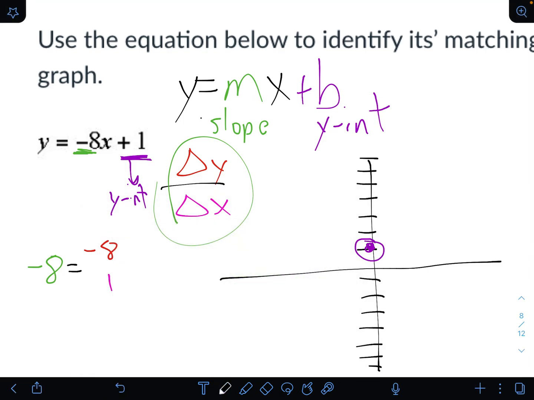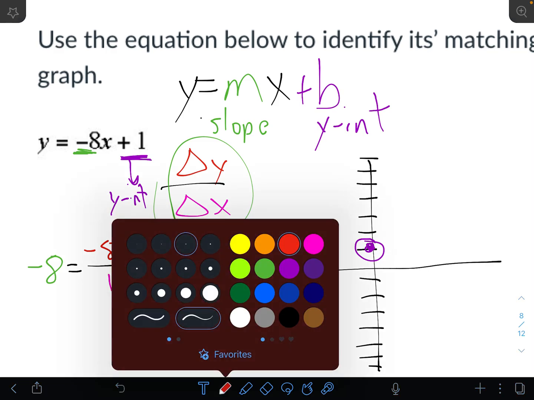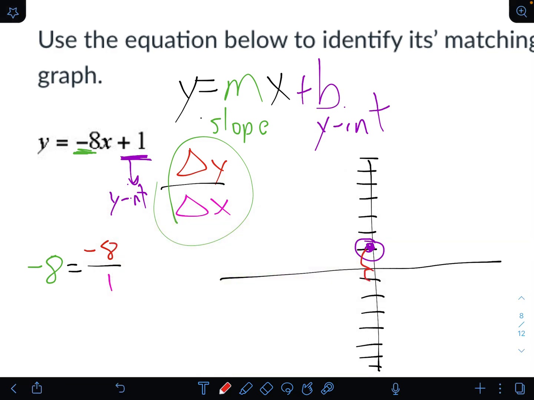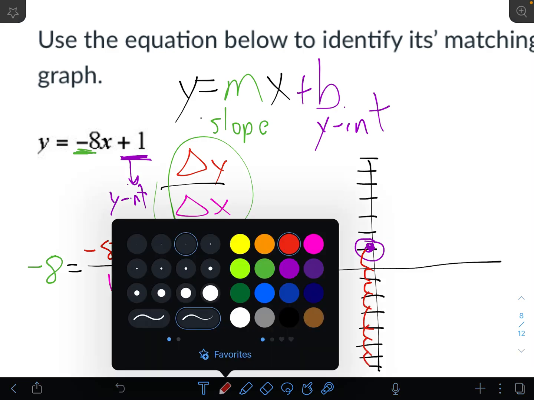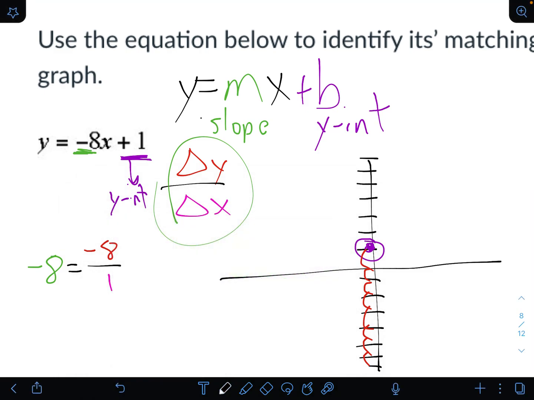Yeah, that would. So that tells us what we need to do next. From our y-intercept, or really from any point, we need to go down. It needs to change 8, negative, so it goes down 8. So it goes down 1, 2, 3, 4, 5, 6, 7, 8. And then it needs to go to the right 1.